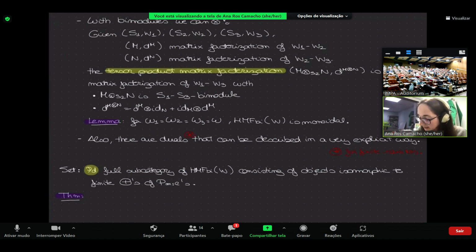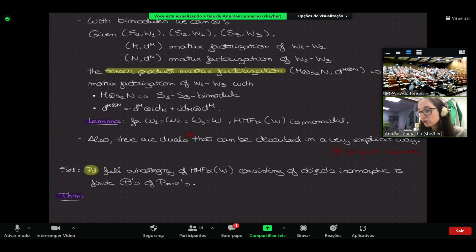Let me also say that besides having a nice, well-defined tensor product, there are also duals that can be defined in a very explicit way. Because I haven't constrained the rank of my modules to finite rank, I should say that this of course only works for finite rank matrix factorizations, so you need to constrain the rank of your module.